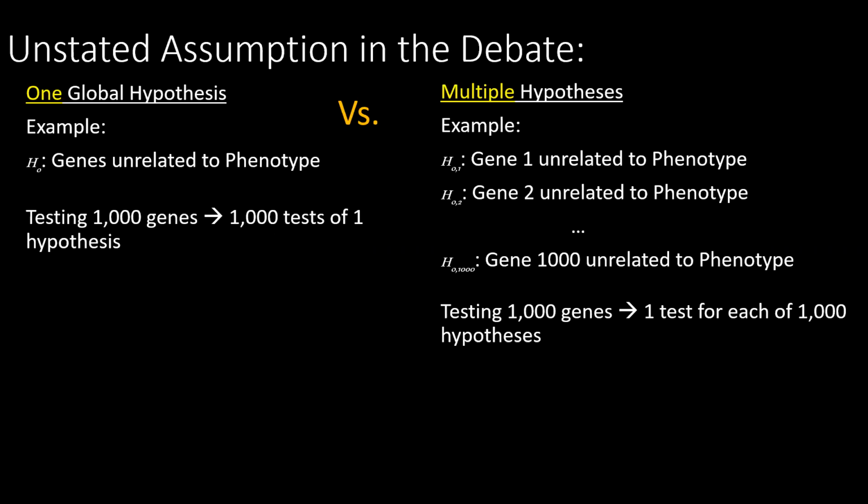So an example from genetics would be a null hypothesis that says genes are unrelated to your phenotype of interest. And so oftentimes what folks will do is they'll test 1,000 genes. So then the concern is, well, if you're testing 1,000 genes, you're basically giving yourself multiple shots to hit your target. That's where the multiplicity concerns come in.